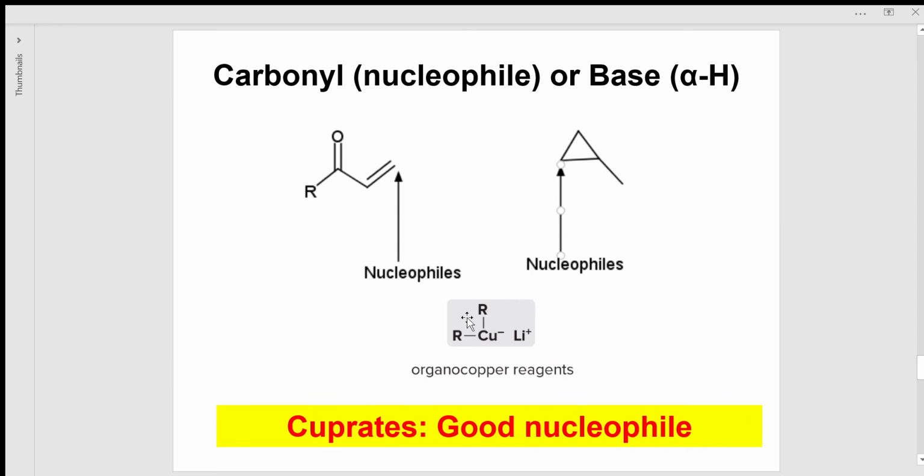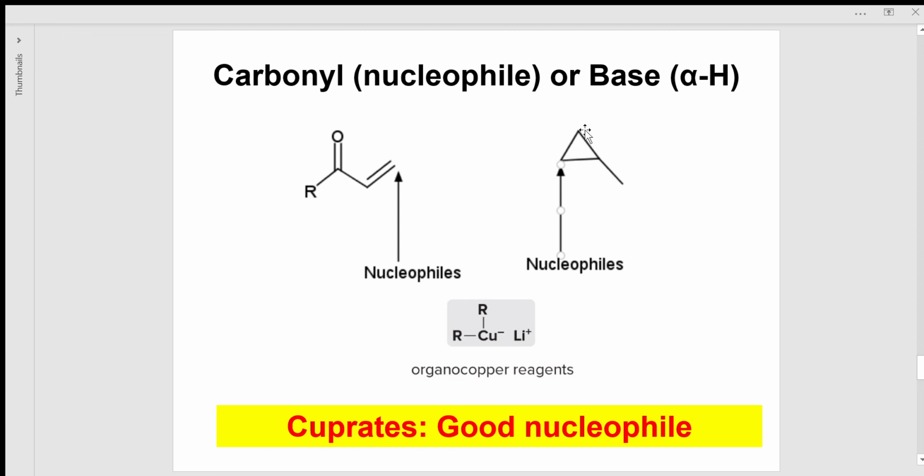The cuprate reagent is not as strong as the lithium reagent or magnesium reagent. So the cuprate reagent has some special unique reactions, like with alpha beta unsaturated carbonyl compounds. It can react with epoxide. Oh, sorry, I made a mistake.